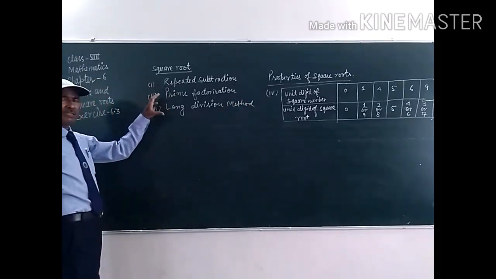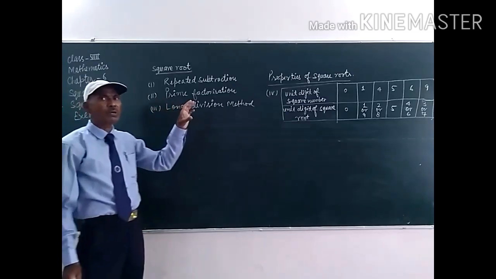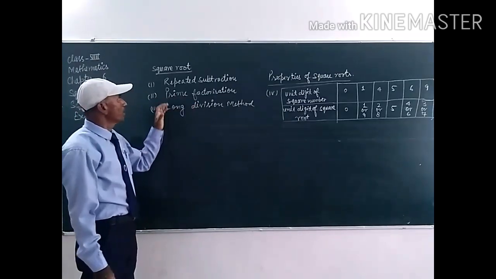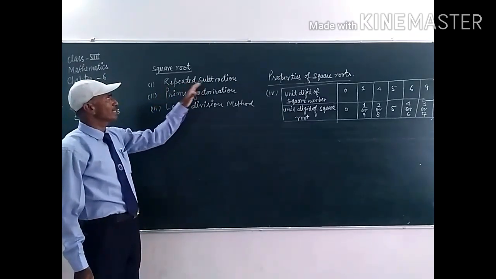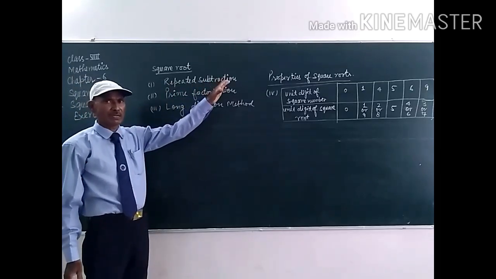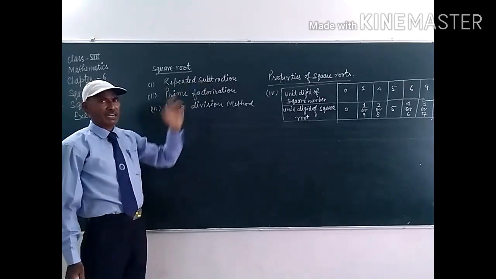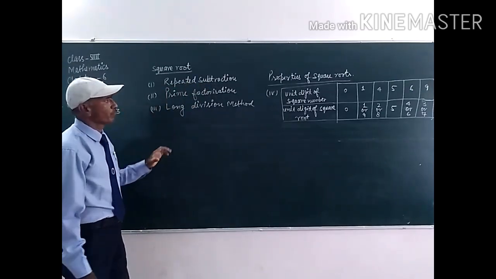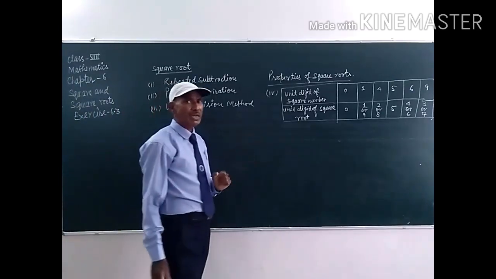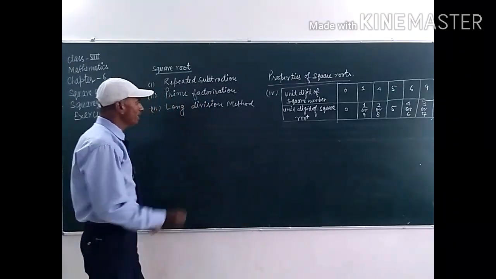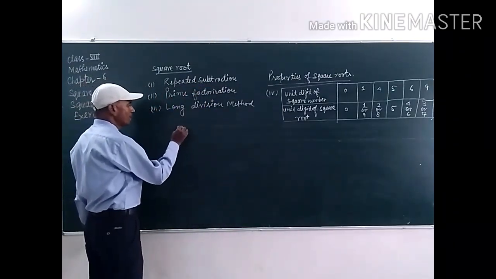Using these three methods, we have to find the square root of a number, student. First of all, we will discuss the repeated subtraction method to find the square root. Clear, students?